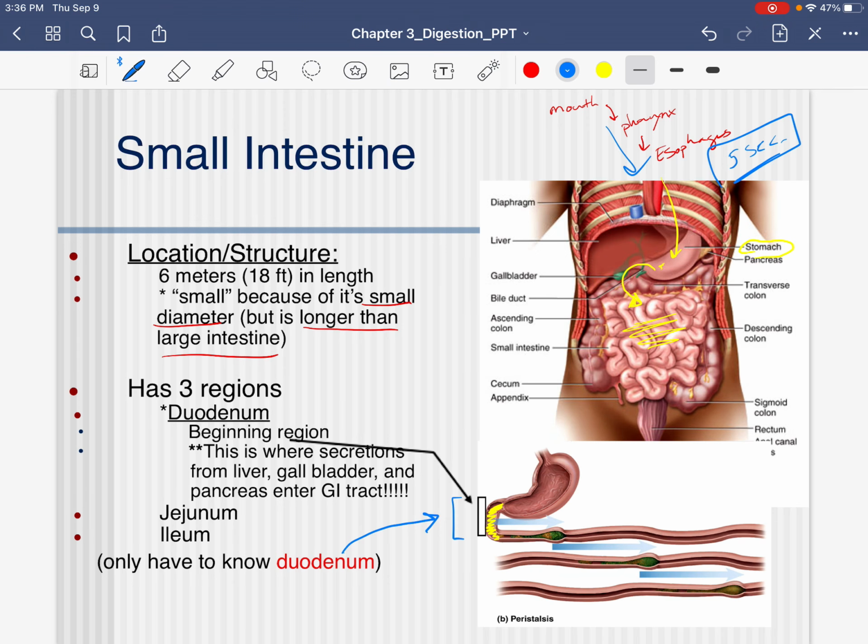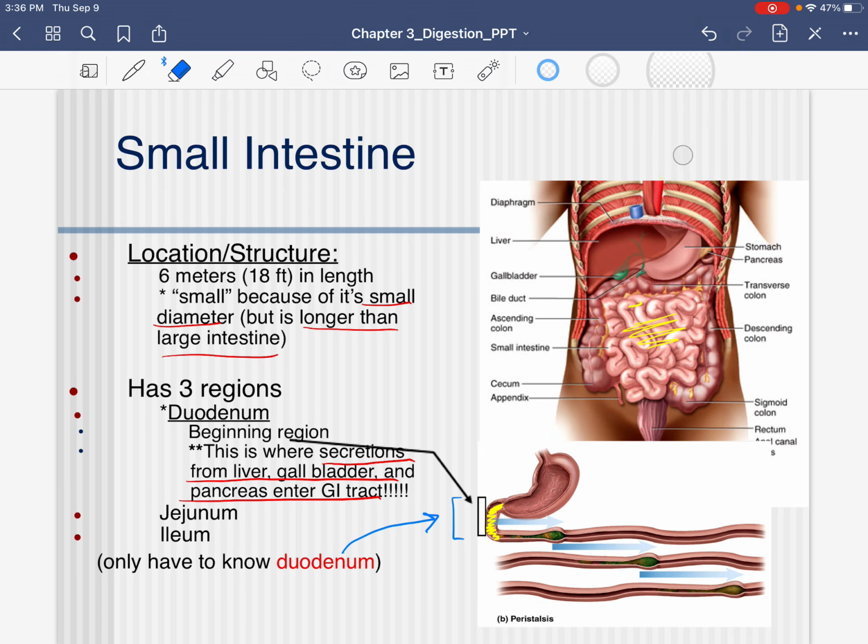This is really important. We're going to talk about this more later, but I still want to say it here because the more times we say it, hopefully the better it sticks in. Why this region is so important is because this is where the enzymes and other goodies from the accessory organs enter. So what we're going to find is that beginning region of the small intestine, let's say it's from here to here.